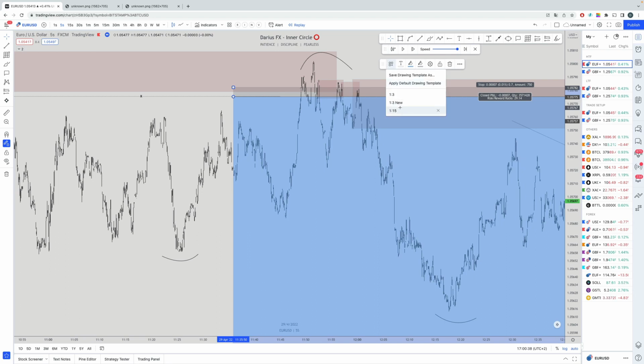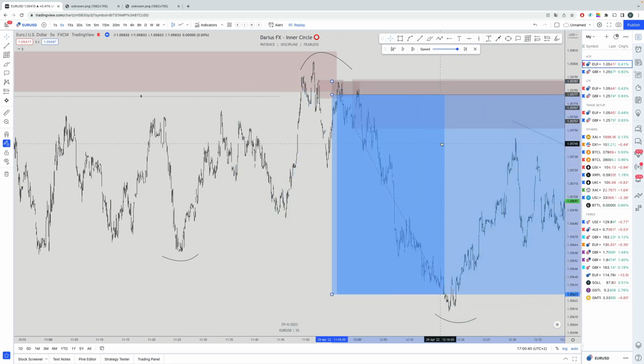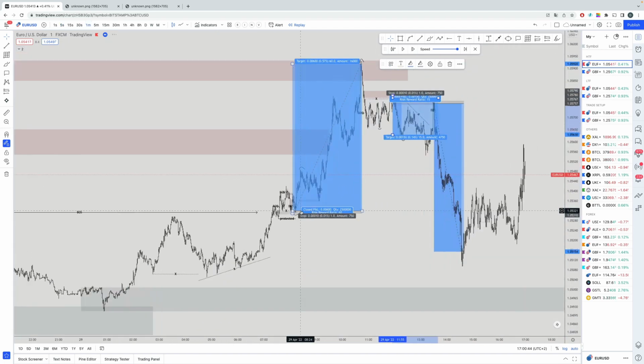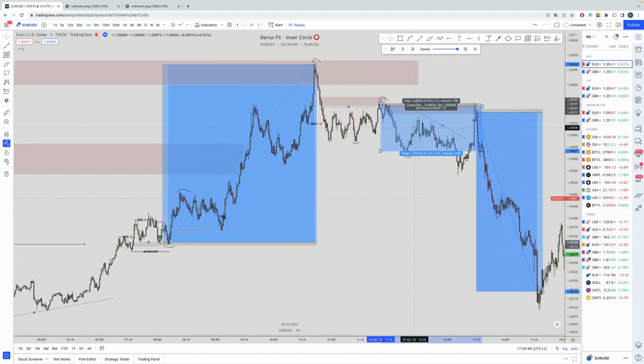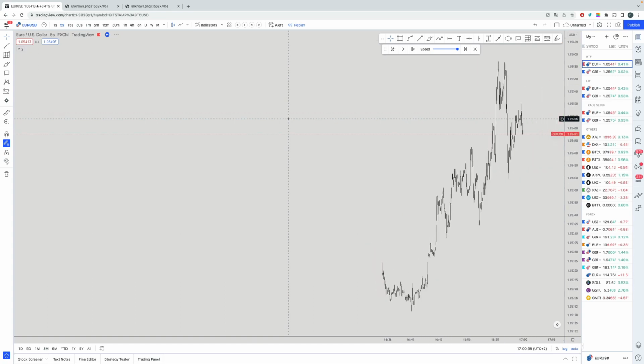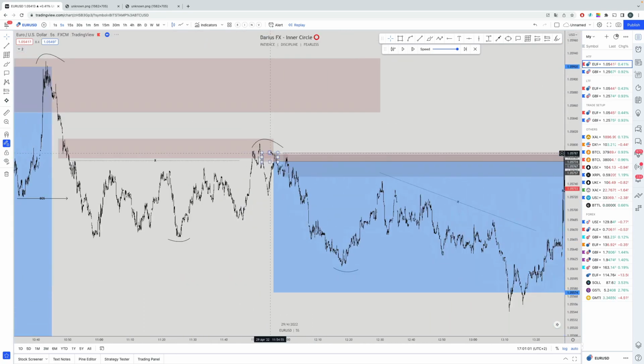I realized that this is what TradingView did a few times recently. So 1 to 20 is what we did here. Okay, so this should just illustrate how you should trade, guys.